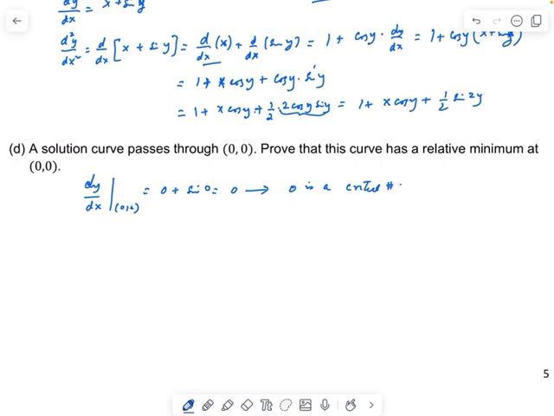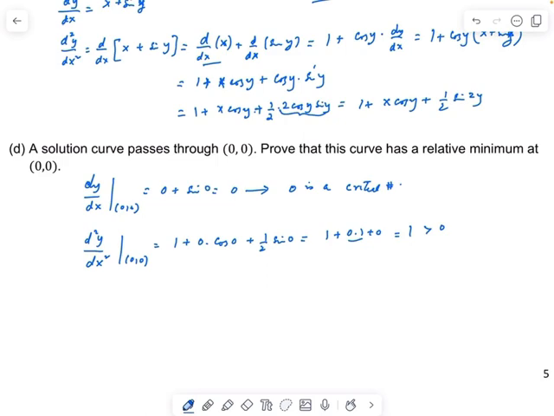What about d2y by dx2 at 0, 0? So at 0, 0, the d2y by dx2 will be 1 plus 0 into cosine of 0 plus 1/2 sine of 0. Now sine of 0 is 0, cosine of 0 is 1. So we are getting 1 plus 0 into 1 plus 0. But this is a 0 again, so we end up getting a 1, which is greater than 0.